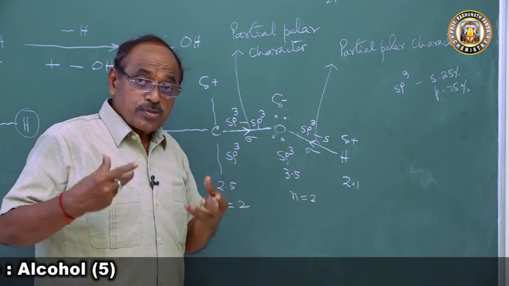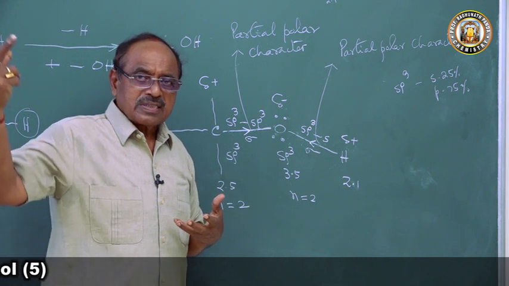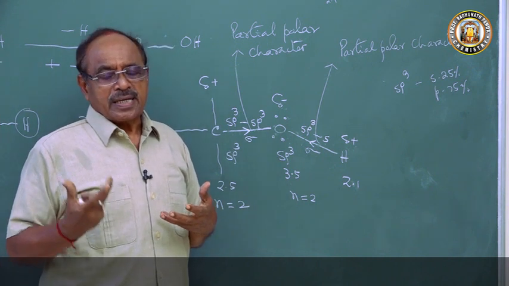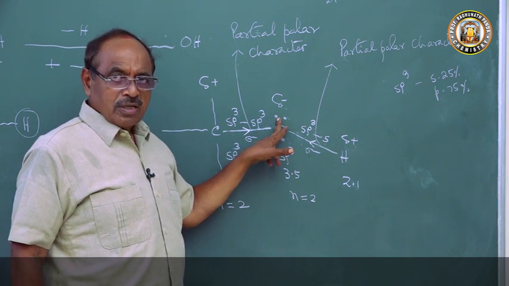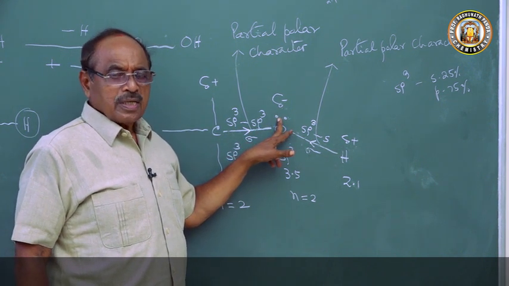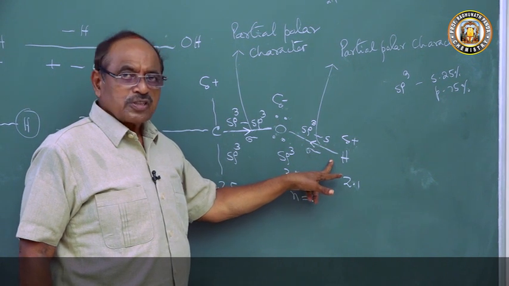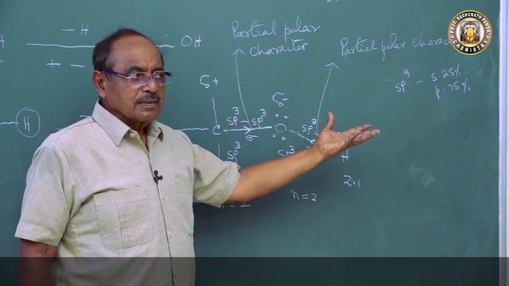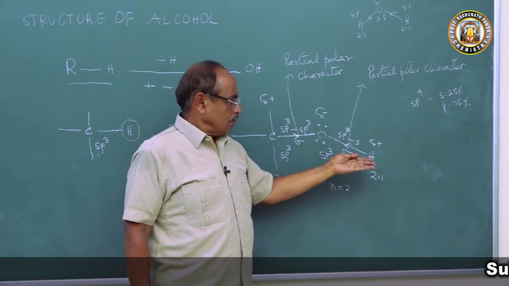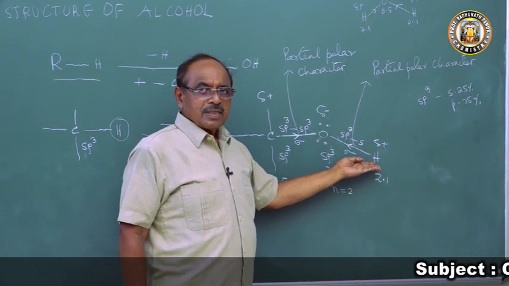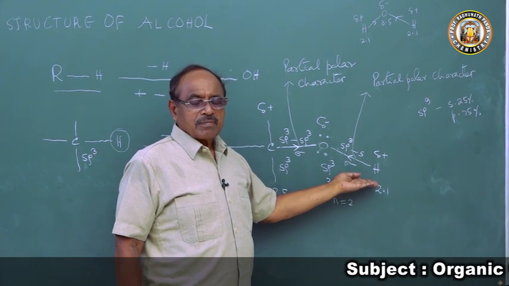So this oxygen atom always has a tendency to attract a proton towards it, and it can donate a pair of electrons, attract a proton, and the hydrogen atom has a positive charge. So any species which has a positive charge more than that of hydrogen will replace the hydrogen atom.